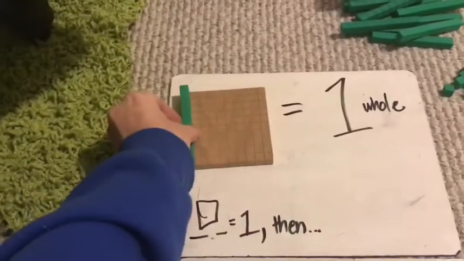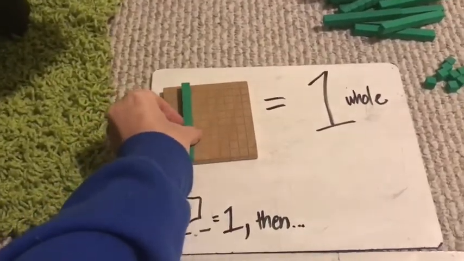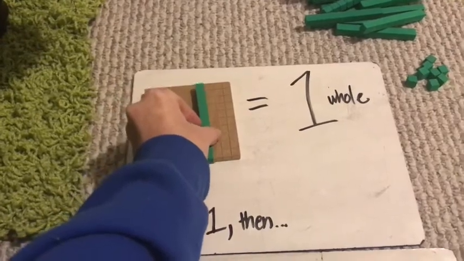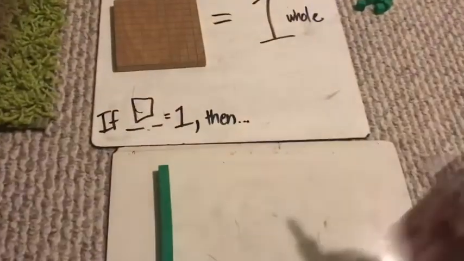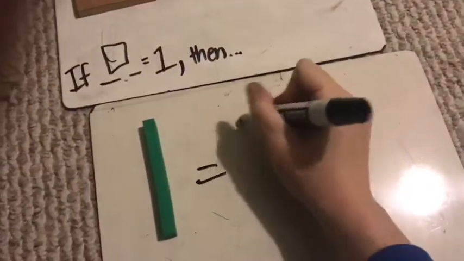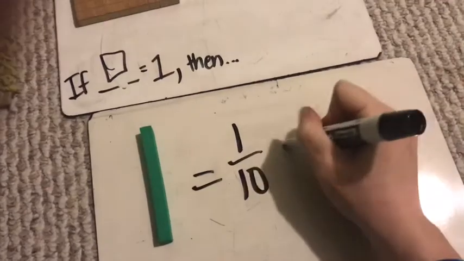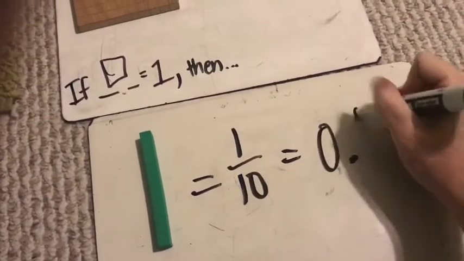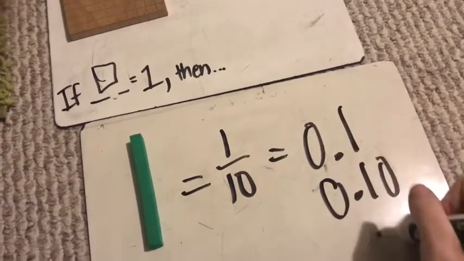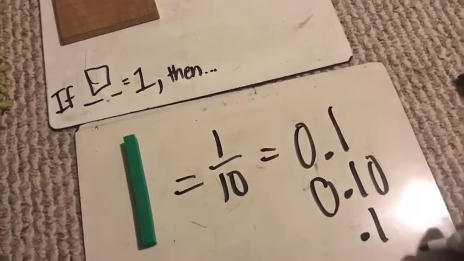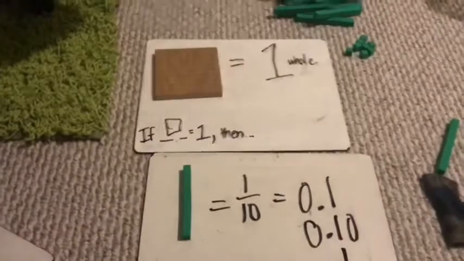This piece would fit into this piece 1, 2, 3, 4, 5, 6, 7, 8, 9, 10 times. That means this is 1/10 of the whole. So I can write that as a fraction, or I can write that as a decimal, 1/10. Or remember, this is also 1/10, or this is 1/10, as long as that 1 is in the 10th place.